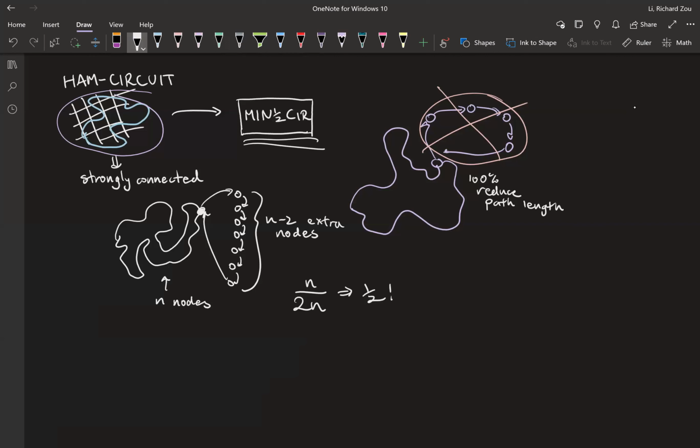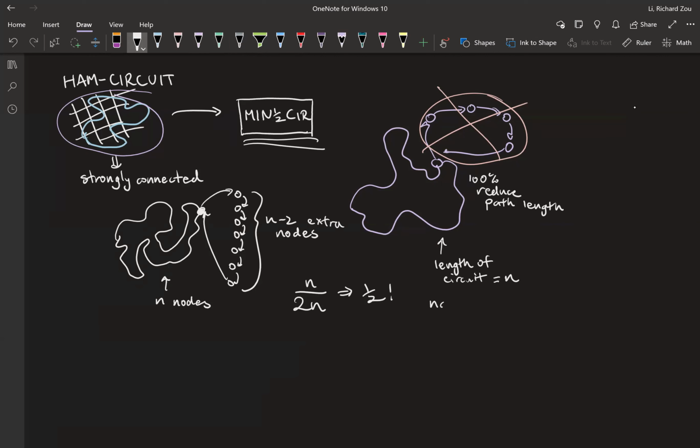So if the length of the circuit is exactly n, then we know that there's a Hamiltonian circuit, because a Hamiltonian circuit visits all the nodes, doesn't repeat edges, and covers all the nodes.